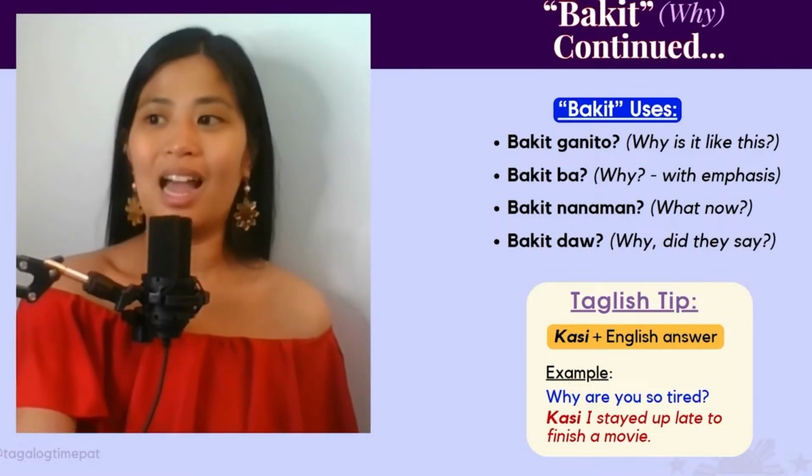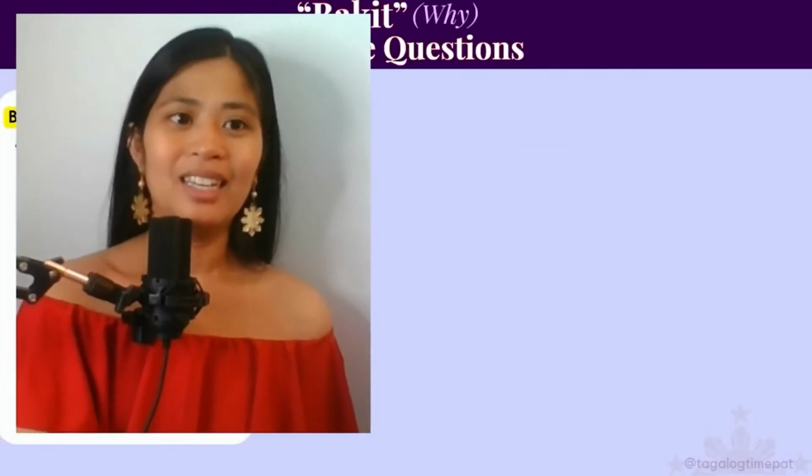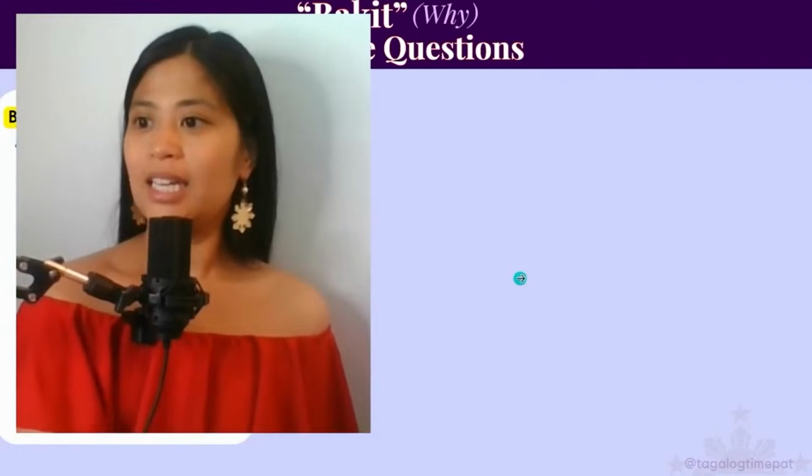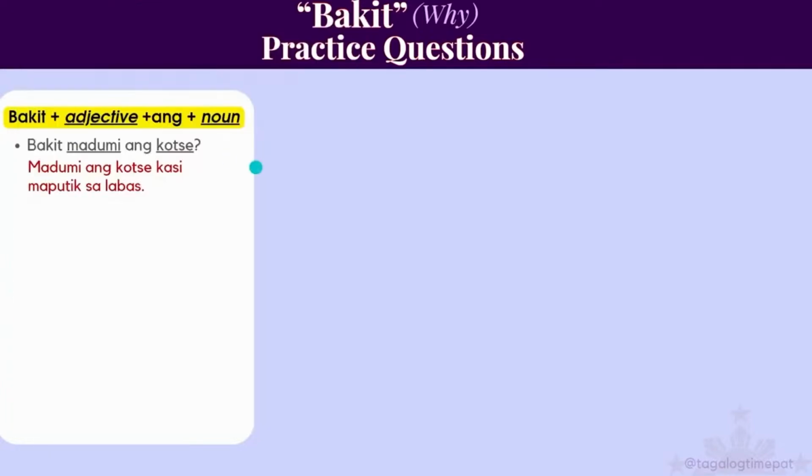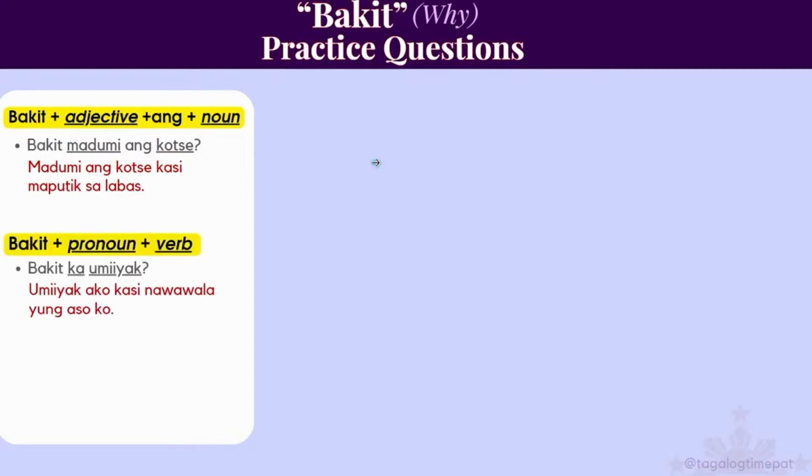Now I want us to practice bakit. Here on the left side, again, are the different ways to use bakit. So bakit plus an adjective, then ang, then a noun. Bakit madumi ang kotse? Why is the car dirty? Or bakit plus the pronoun plus a verb.